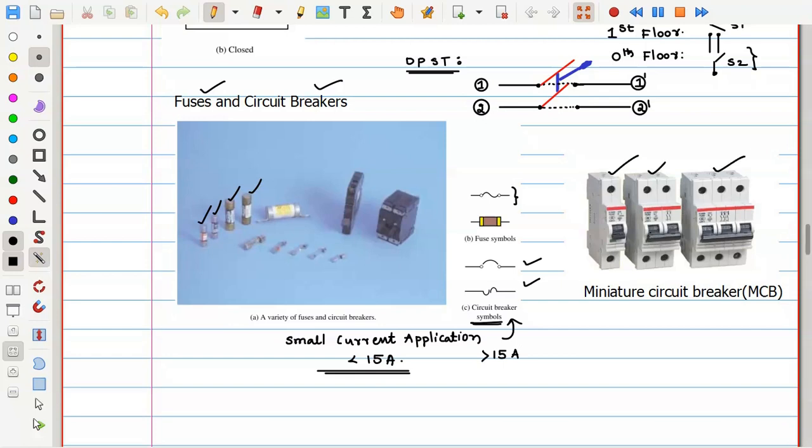These are circuit breakers made compact in size and molded into a single casing. We call this a miniature circuit breaker, which is optimized into a smaller size. That's why we call this an MCB, miniature circuit breaker.